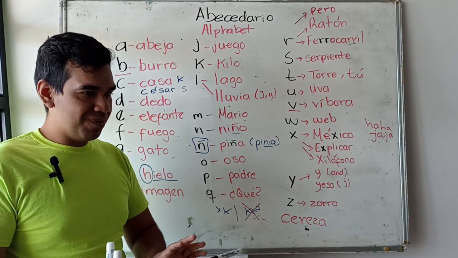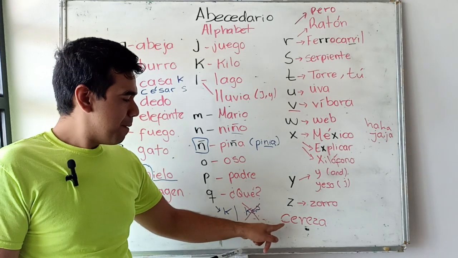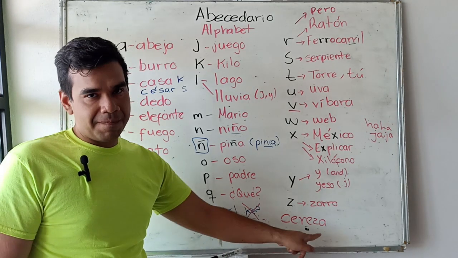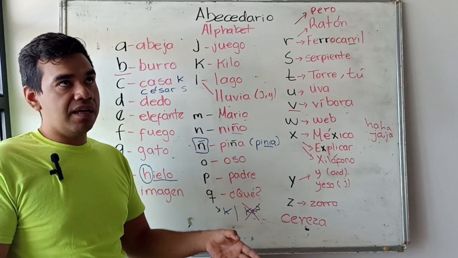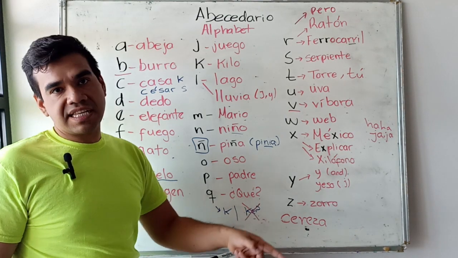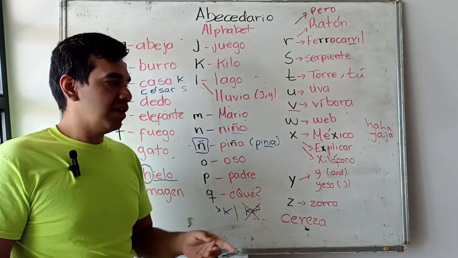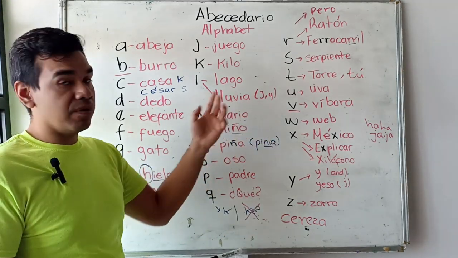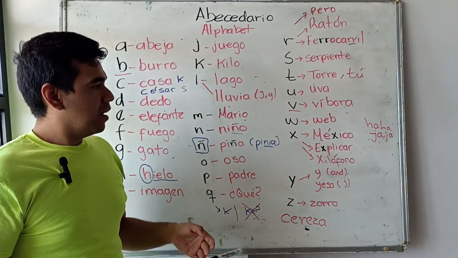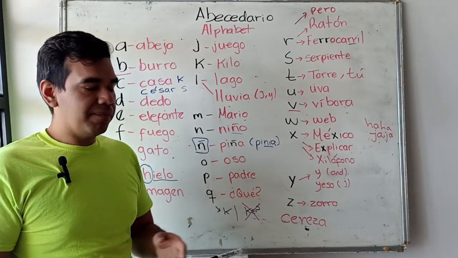I don't want to make a mistake. They say it differently from the way I say it. It sounds more powerful, like if it was an S or a C, right? Well, it is a C, but you understand, right?